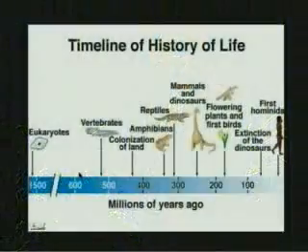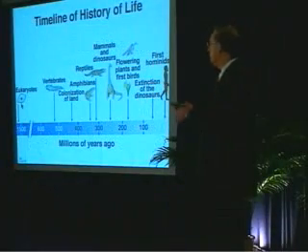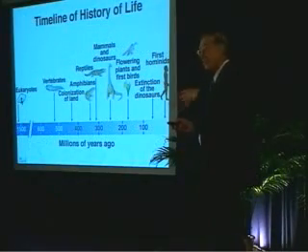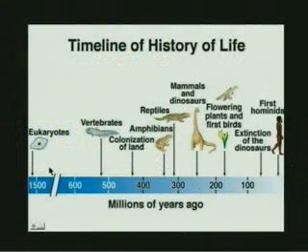And basically, the theory goes that the eukaryotes, that's the unicellular organisms, from the simpler ones to the ones that have a nucleus like we have, they evolved over millions of years.